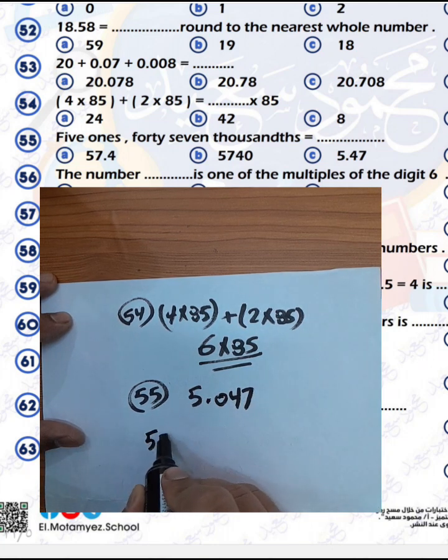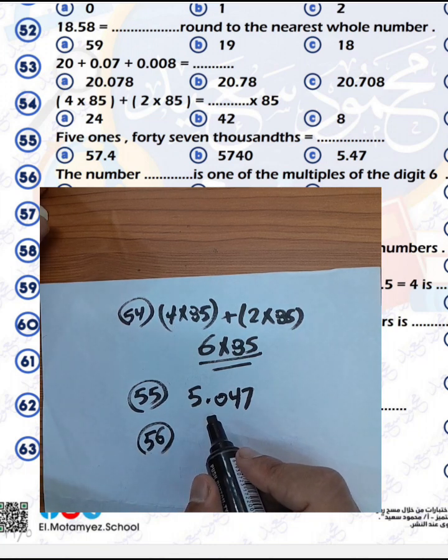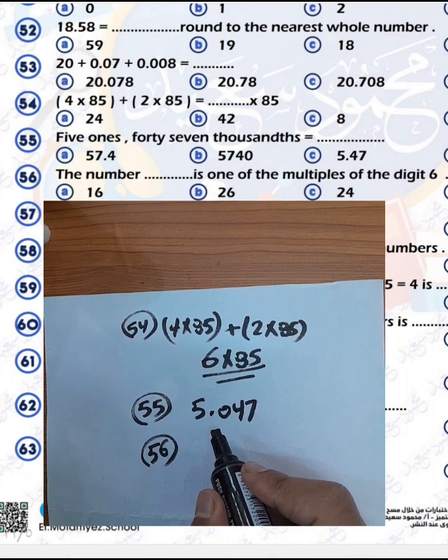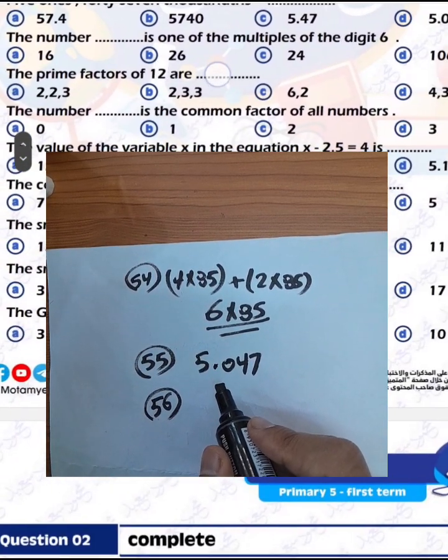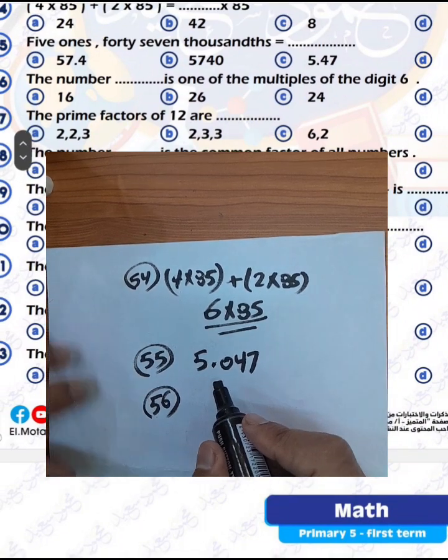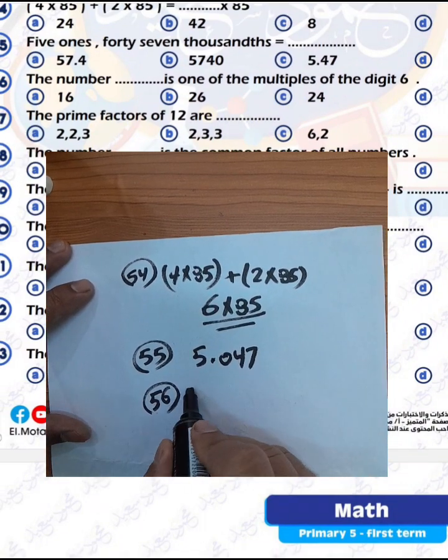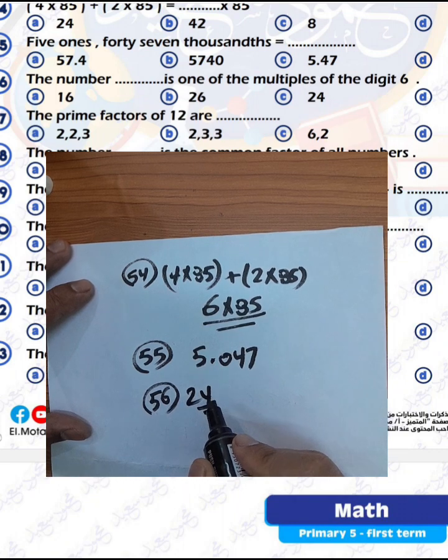47 thousandths. Question 56, the number is one of the multiples of 6. Which number can be divided by 6? It will be 24. Then the number 24 is one of the multiples of 6, because 24 can be divided by 6.